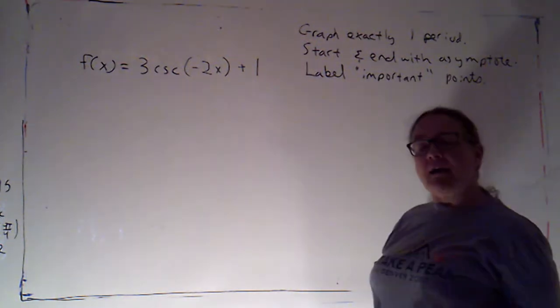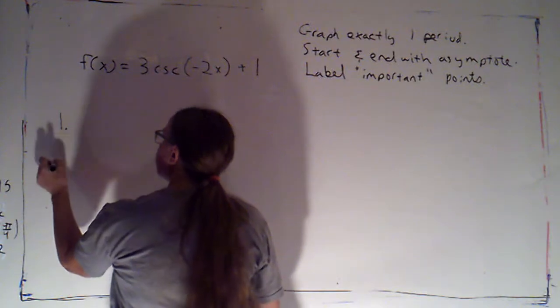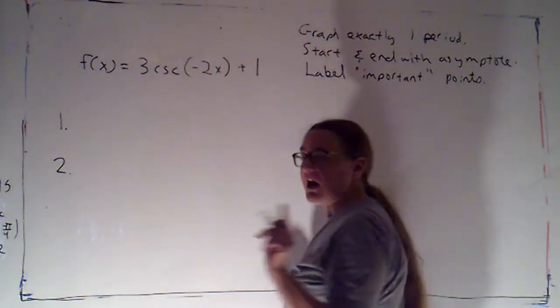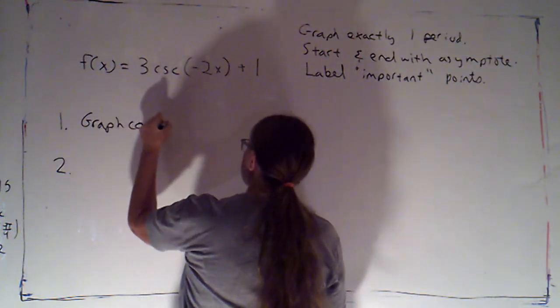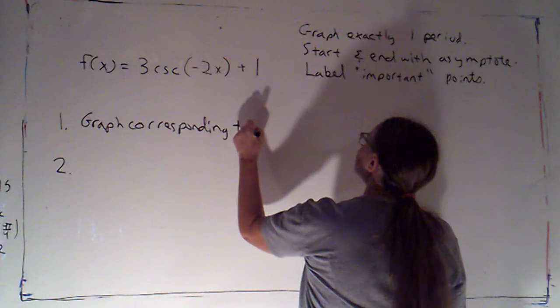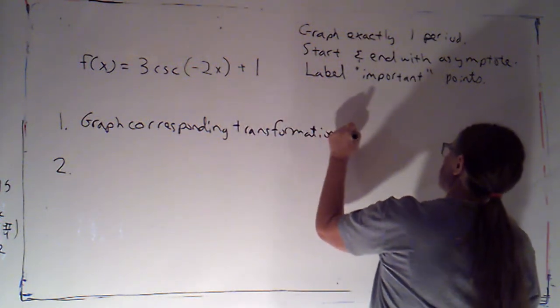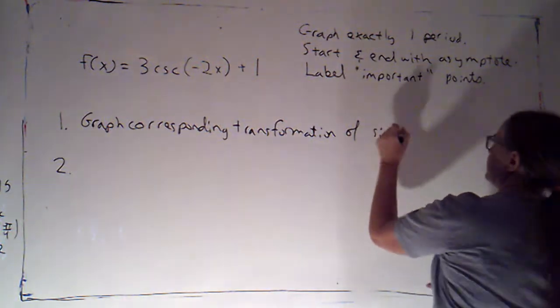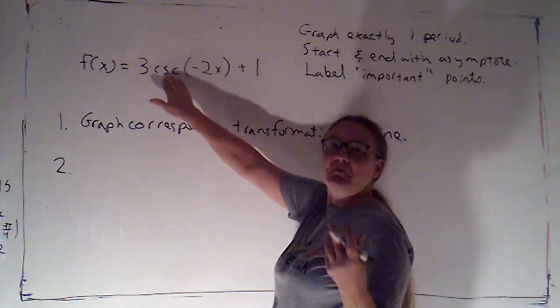Well, the way I'm going to graph a transformation of secant or cosecant is going to be in two steps. I'm going to first graph the corresponding transformation of sine. Now I'm choosing sine because this is cosecant, which is the reciprocal.